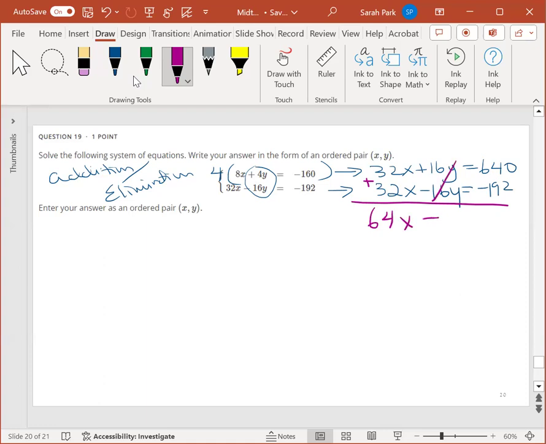The y's would cancel out. And then 640 minus 192 would give us 448. Okay, so now to solve for the x term, we just divide both sides by 64.